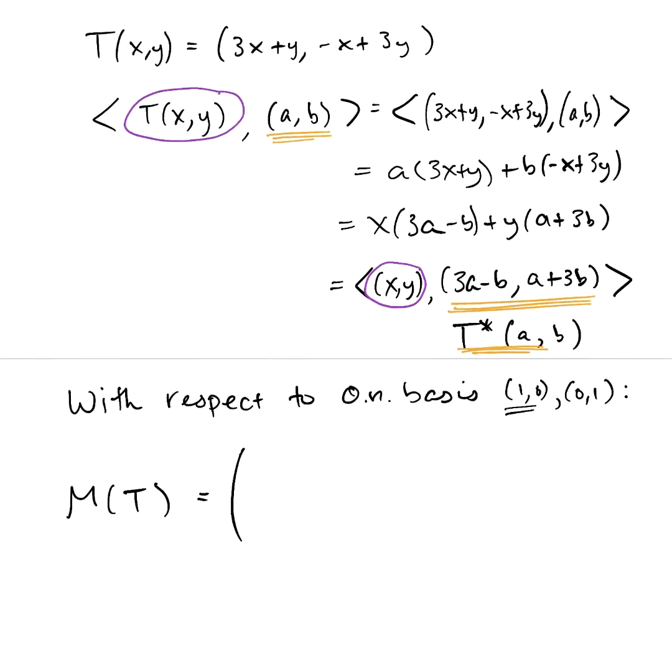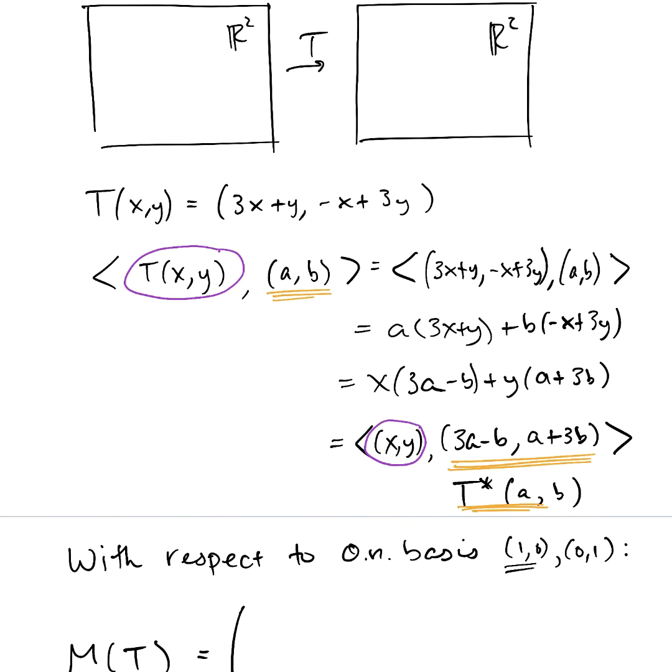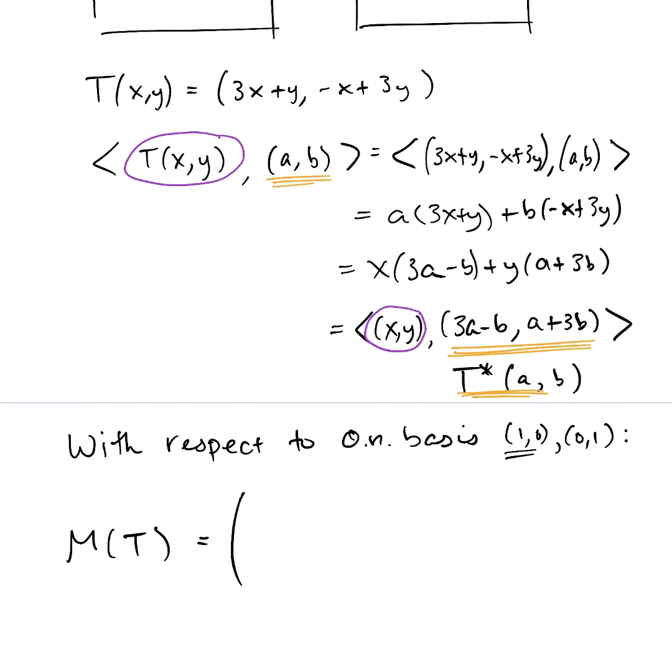So scroll up. What does T do to (1,0)? Gives you (3, negative 1). And what does T do to (0,1)? It gives you (1, 3).